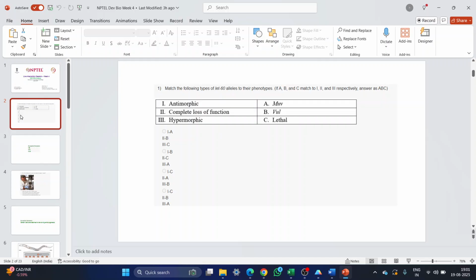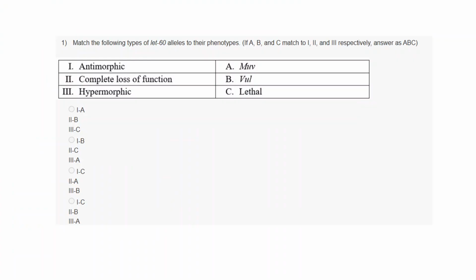Either it is a gain of function mutation or loss of function mutation, and what are the phenotypes that ultimately govern those mutations. Okay, and it also dealt with 2-point cross and 3-point cross as well.